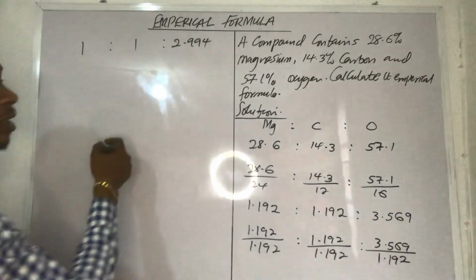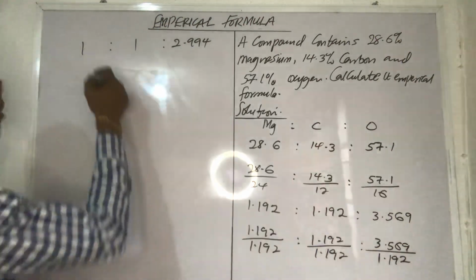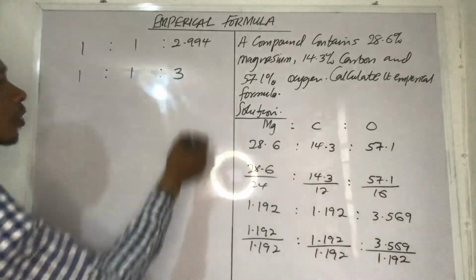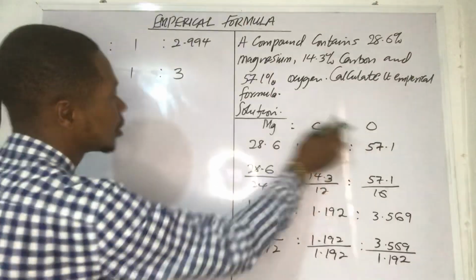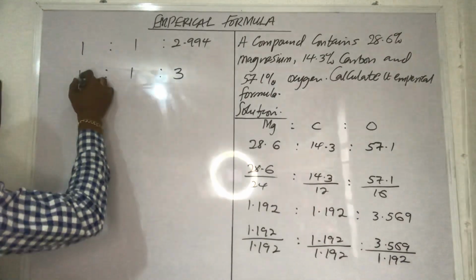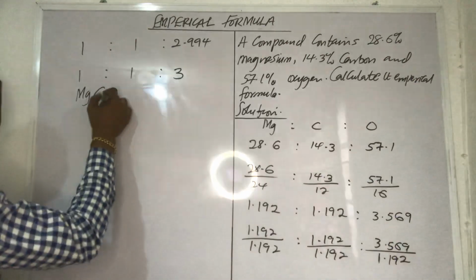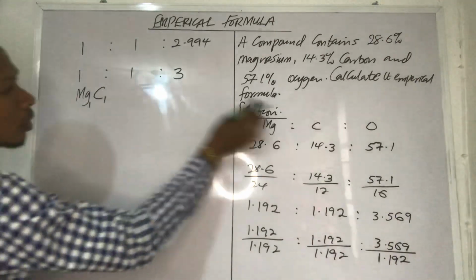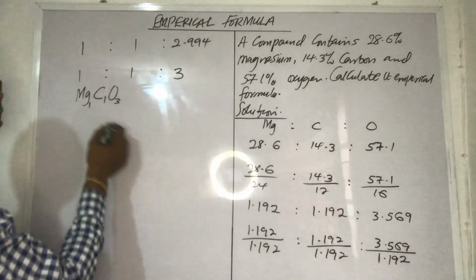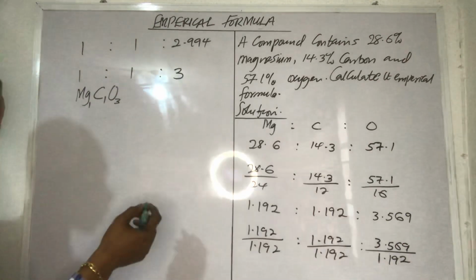Then approximate to the nearest whole number. You have 1 here, 1, and 3. Then write the elements with this ratio now. You have Mg1, carbon 1, then oxygen 3.